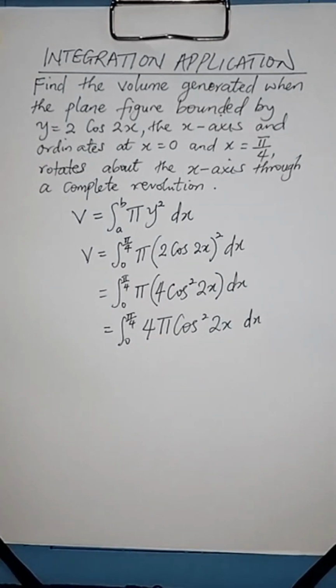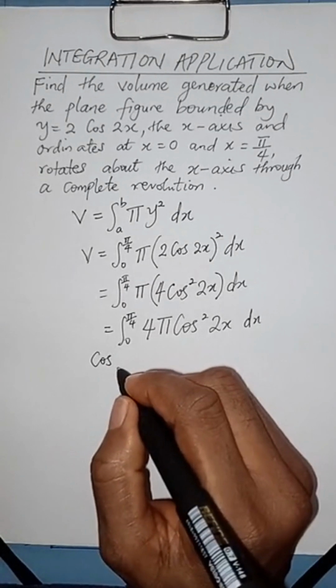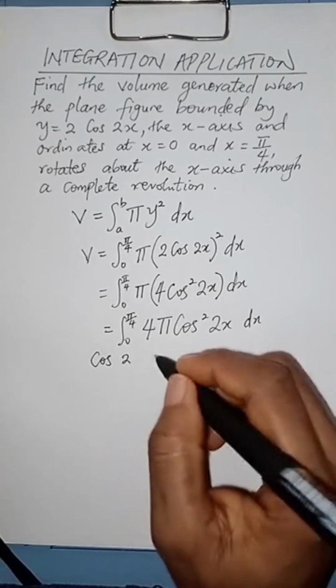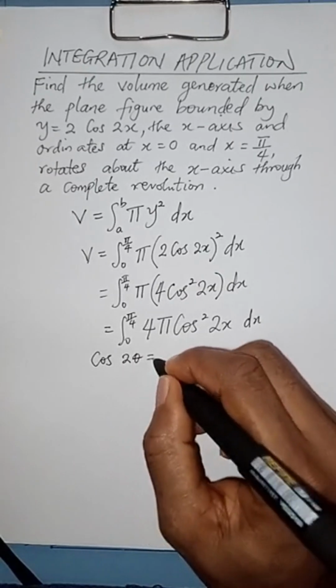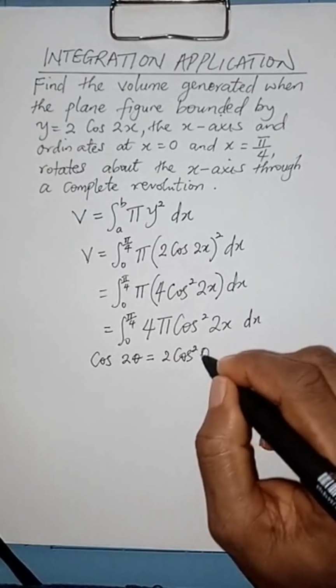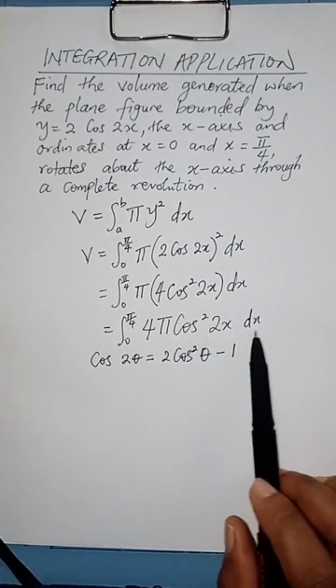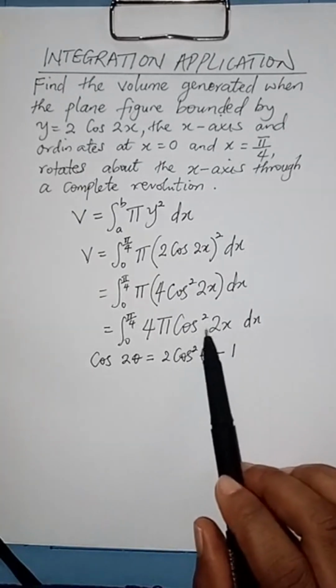Now, recall from trigonometrical identities, there's a value for cos 2 theta, and that's 2 cos squared theta minus 1. We're going to apply this in the expression we have here.